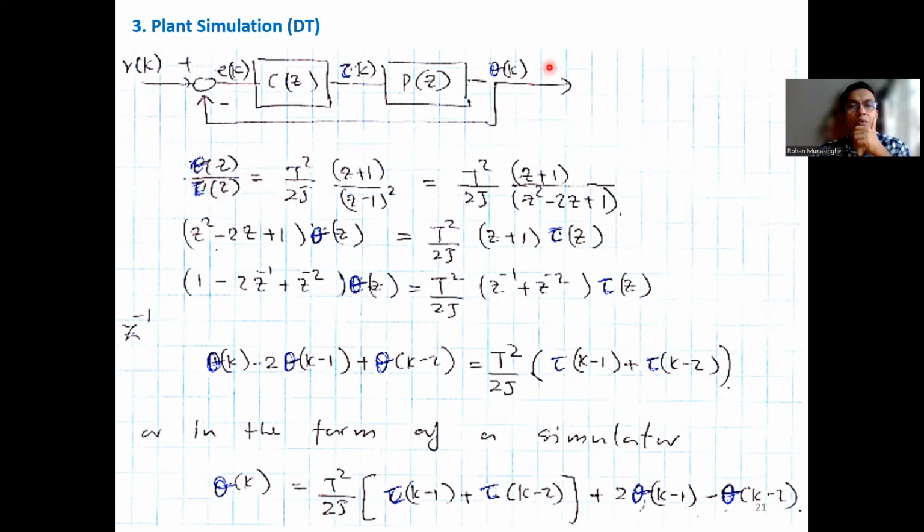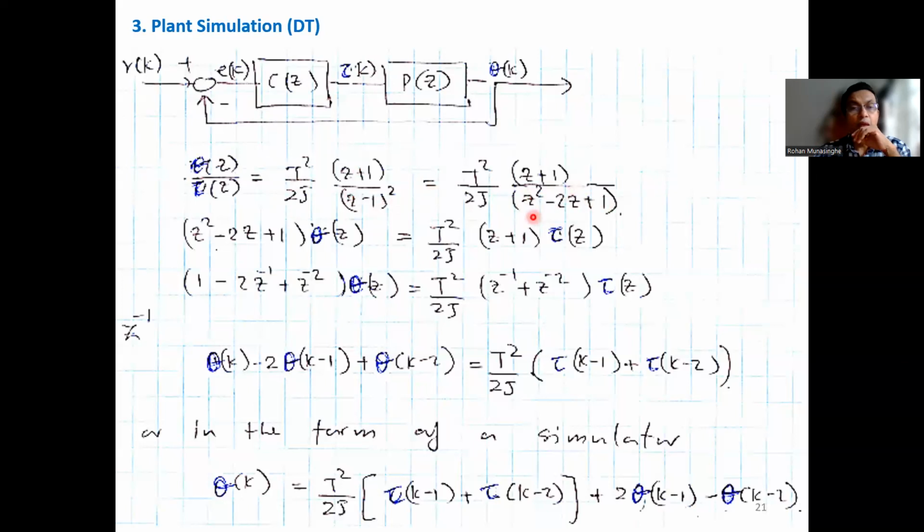This is theta over tau. It is the plant P(Z), and we derived this transfer function just a while ago. So we know this block, and you can expand it like that: Z plus 1 over Z squared minus 2Z plus 1.